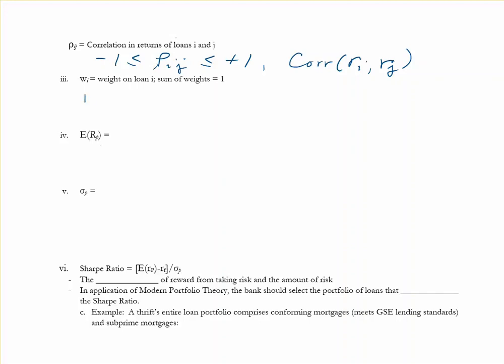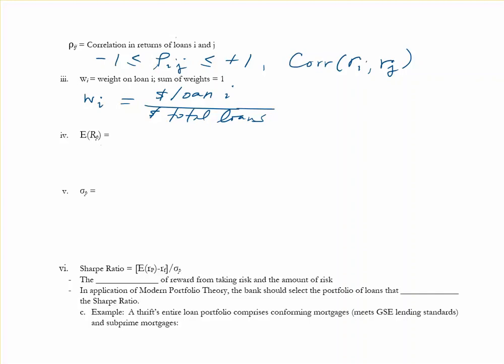Let's define the weight of loan I as the dollar amount of loan I divided by the total loans. So it's really the same as any portfolio weight, where in this case, instead of a portfolio of stocks, we're talking about a portfolio of a bank's loans.